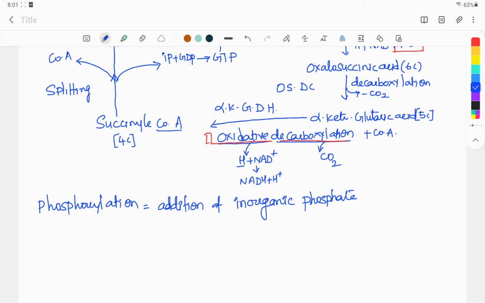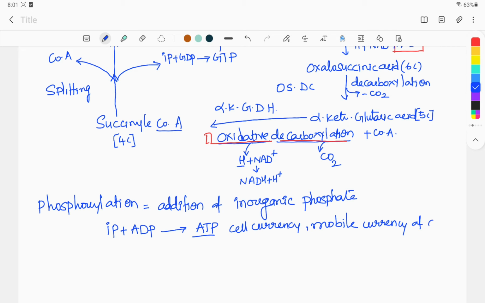In metabolic reactions like photosynthesis and respiration, the addition of inorganic phosphate is to ADP, that is adenosine diphosphate, to give rise to adenosine triphosphate, which is called the cell currency, or the mobile currency of the cell.